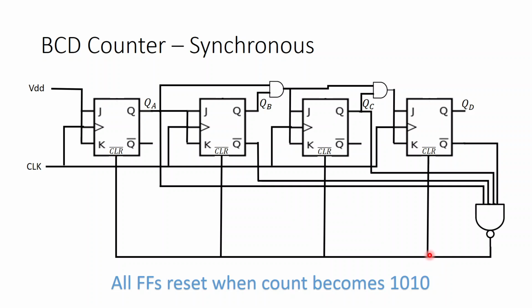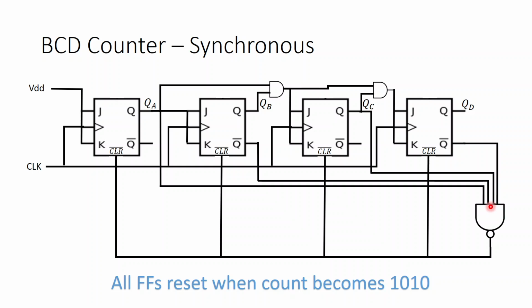So the NAND gate is connected in that manner. Only when the NAND gate is receiving 1010, you see 1 0 1 0, are you having a low output at the NAND gate. Before that, at no other condition, will you have a low output at the NAND gate.